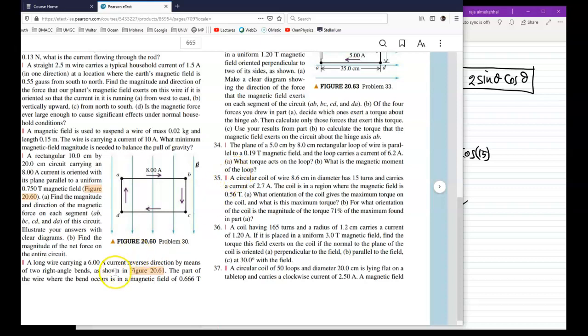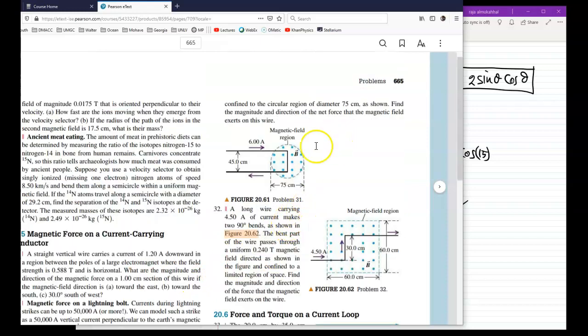So he said a long wire carrying 6 amp current reverses direction by means of 2 right-angle bends. The part of the wire where the bend occurs is in the magnetic field of 0.666 Tesla. Okay? So the intensity of the magnetic field here is 0.666 Tesla, confined to the circular region of diameter 75 centimeter.